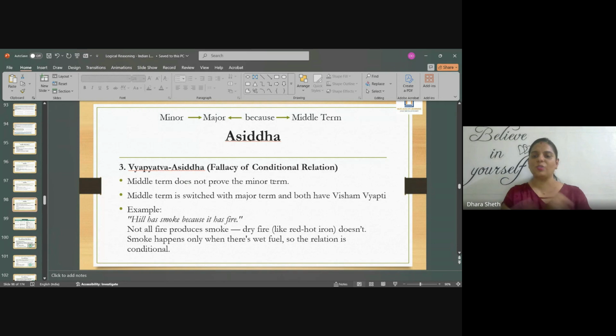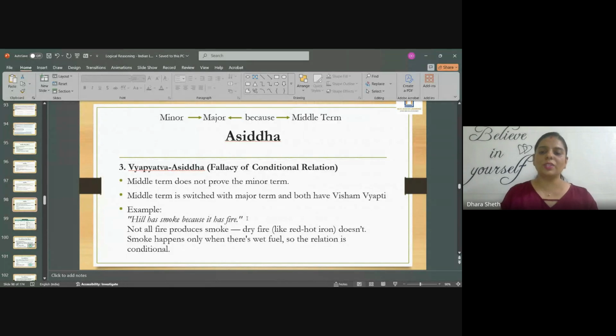Why? Because they are switched. What needs to be proved has become the proof, and what needs to become the proof has become the proved. The hill has smoke because it has fire. Usually we say hill has fire because it has smoke. But now the places have been switched. Hill has smoke because it has fire.